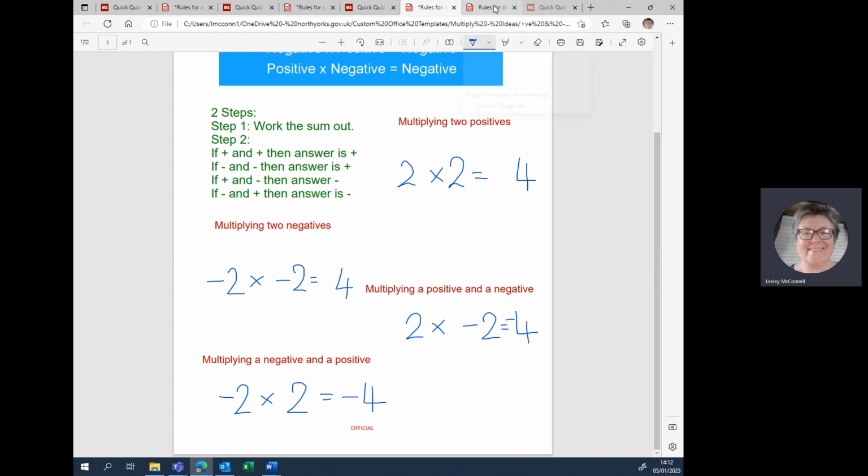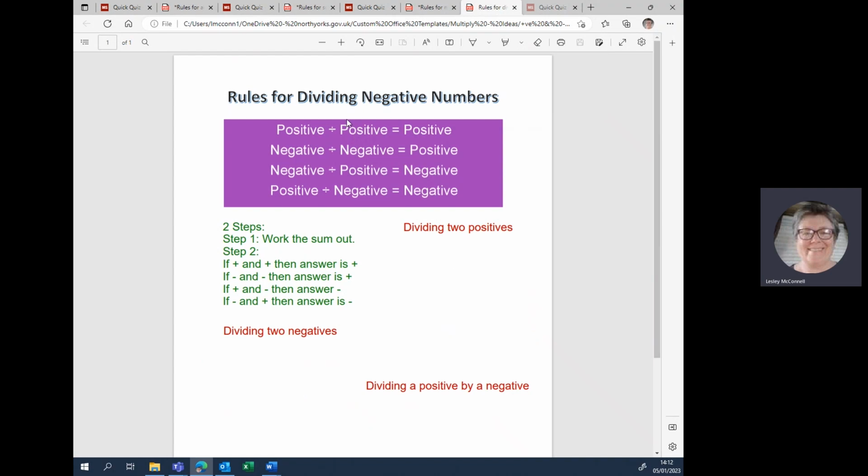I'm going to go straight on with the rules for division this time because they're very, very similar. You work out the sum and then you decide what operation is going to go in with the answer. Dividing two positives. Let's say 4 divided by 2. 4 is positive, 2 is positive, so we get a positive answer of 2. 2 goes into 4 2 times.